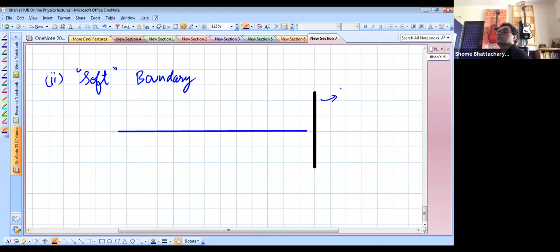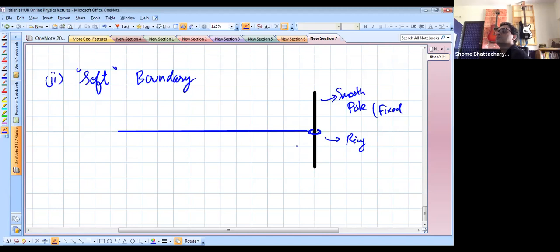This is like a smooth pole which is fixed, but the thread has a ring that can go up and down smoothly on this.